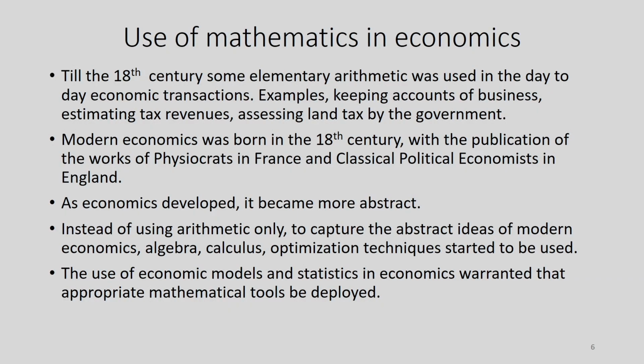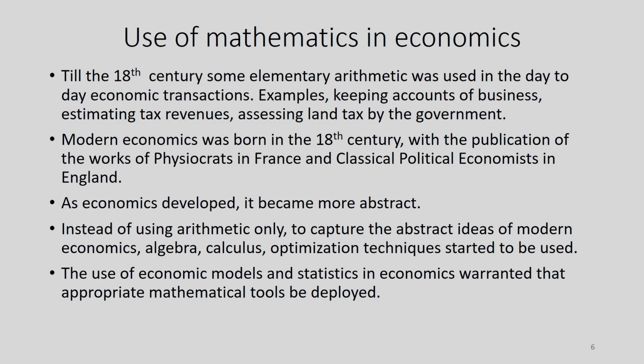So, instead of arithmetic only, to capture the abstract ideas of modern economics, algebra, calculus, and optimization techniques started to be used. These are the new things that came to be used in economics. Obviously, algebra is more abstract than arithmetic, because now you have symbols rather than numbers.